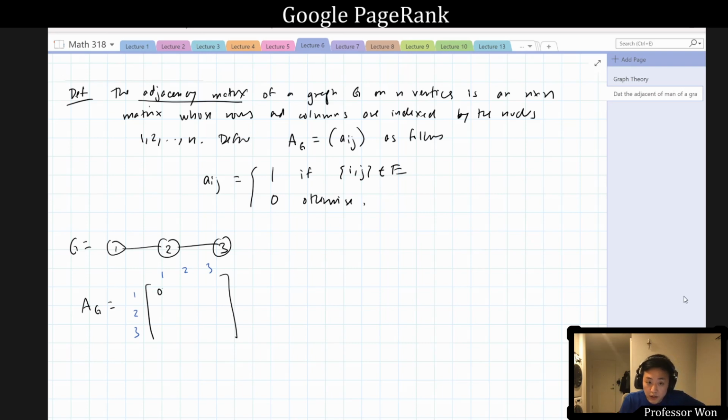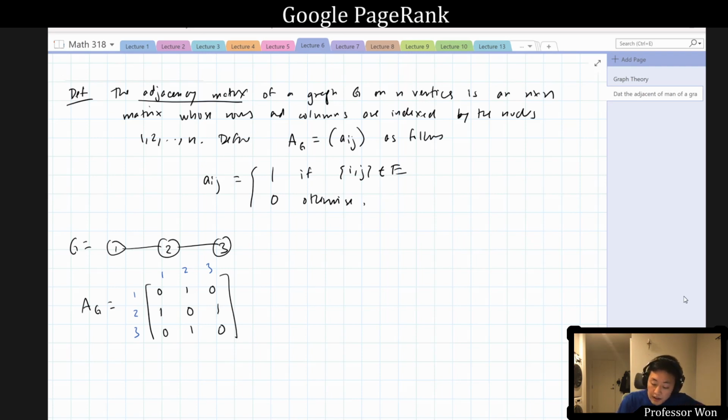There is an edge from 1 to 2, so you put a 1 there. There's no edge from 1 to 3. 2 has an edge to 1, and an edge to 3, but no edge to itself. And 3 has just an edge to 2. Okay, so this is sort of definition by example. This is as much as you need to know about it. If you understand this example, then you understand the definition of the adjacency matrix.